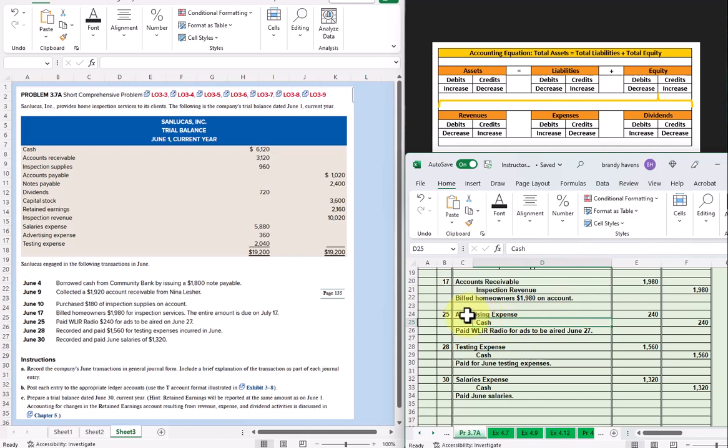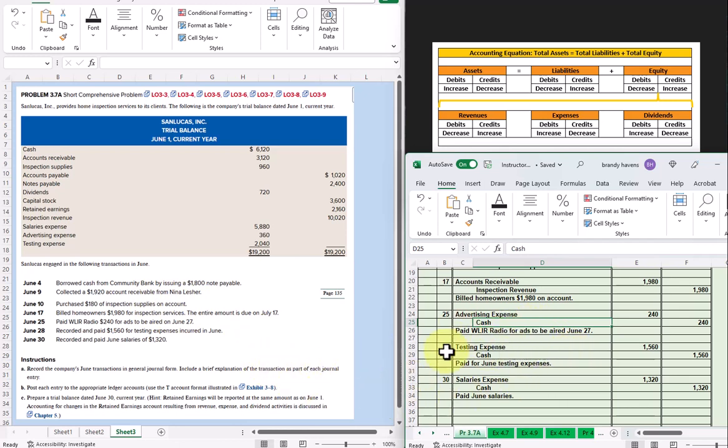So basically, anytime you have an expense transaction, the debit's always going to go to the expense account. The credit is either going to go to cash or accounts payable. If you pay it in cash, the credit goes to cash. If we're going to pay it at a later date, or for example, they tell us that we got the services on account, then we know it's accounts payable and the credit would go to accounts payable, okay?